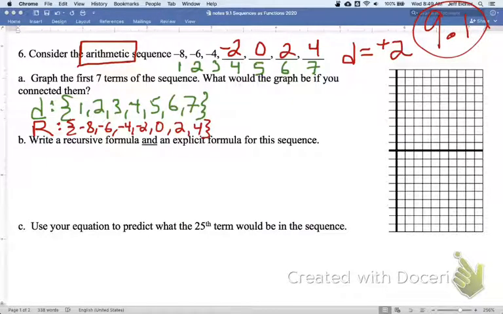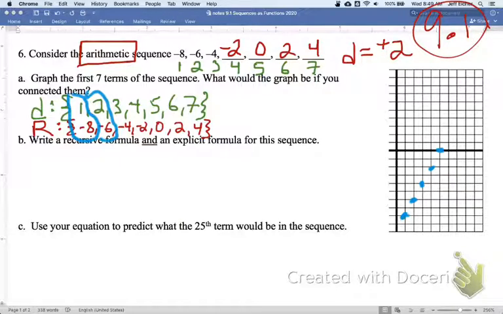So when we're asked to graph, we're basically going to graph the ordered pairs (1, -8), (2, -6), (3, -4), and as we continue to graph those, this type of pattern should look familiar to you.